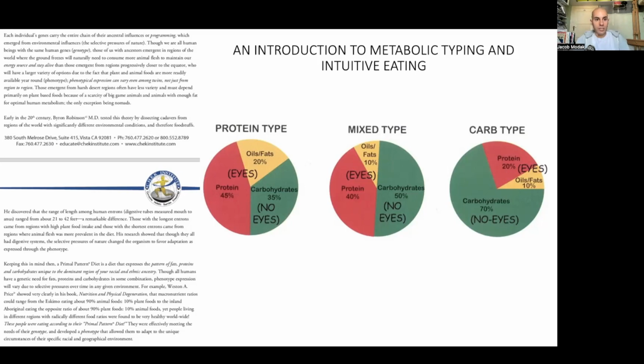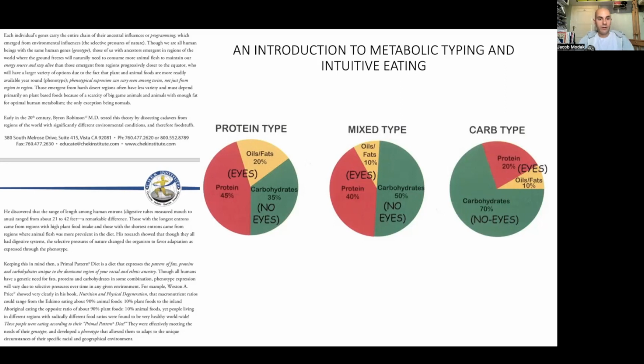Each individual's genes carry the entire chain of their ancestral influences or programming, which emerged from environmental influences, the selective pressures of nature. Though we are all human beings with the same human genes or genotype, those of us with ancestors emergent in regions of the world where the ground freezes will naturally need to consume more animal flesh to maintain our energy source and stay alive than those emergent from regions progressively closer to the equator, who will have a larger variety of options due to the fact that plant and animal foods are more readily available year-round.